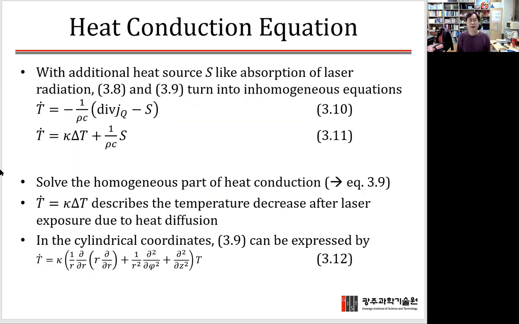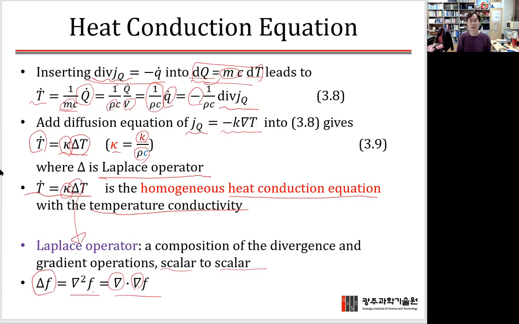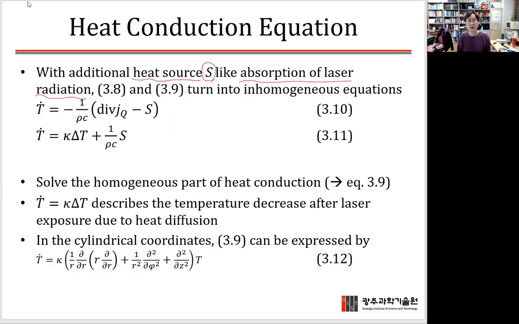Let's say that when there is additional heat source S, such as the absorption of the laser radiation, then the previous equations 3.8 and 3.9, which is this one, can be expanded into 3.10 and 3.11.